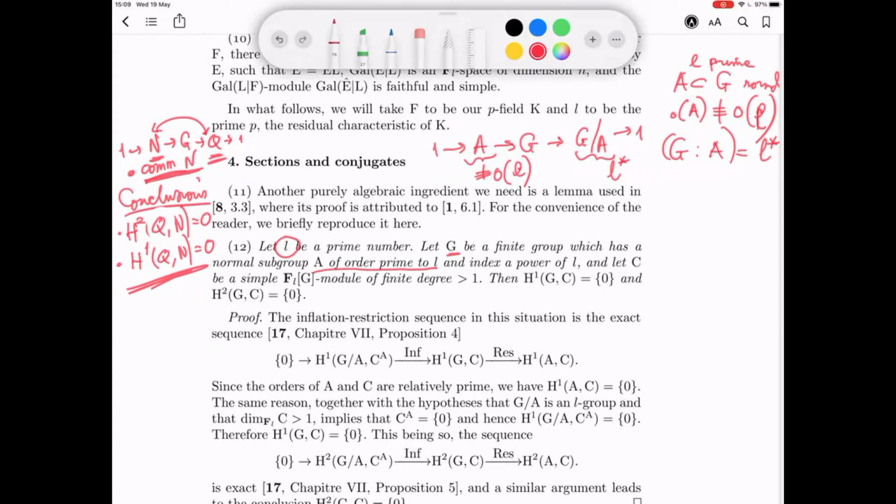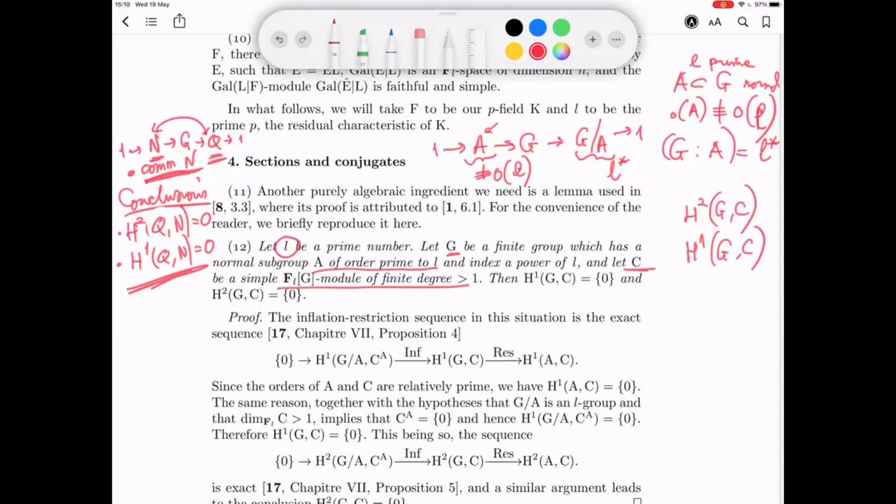I'm not assuming this A to be commutative, and the conclusion I want is about H2 of G and C, and H1 of G and C. So what is C? C is a simple F_L G module of degree strictly greater than 1.